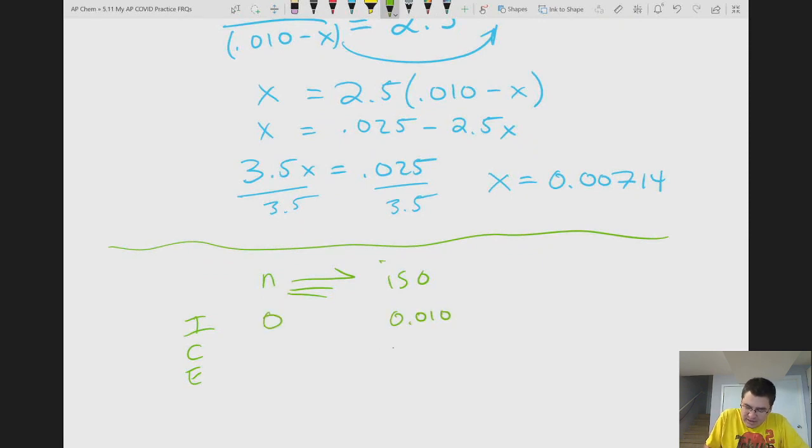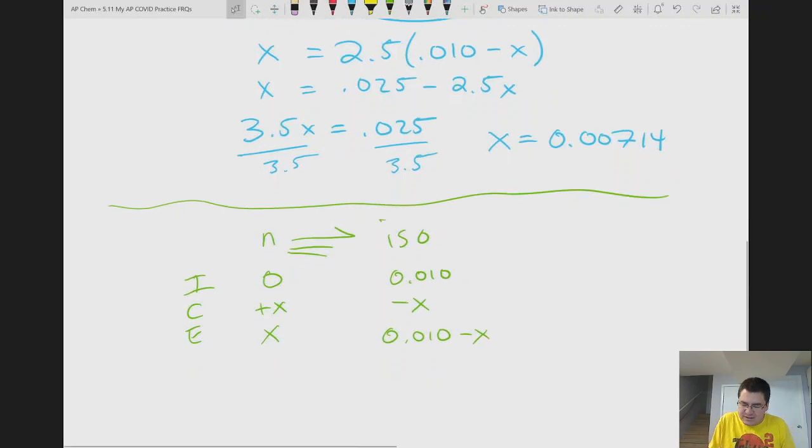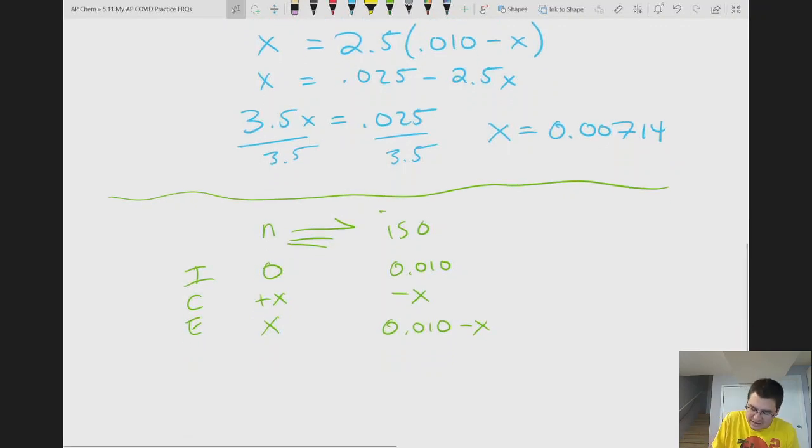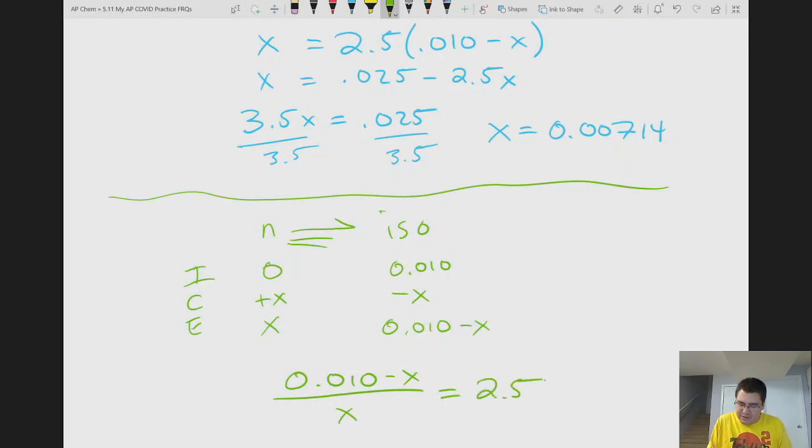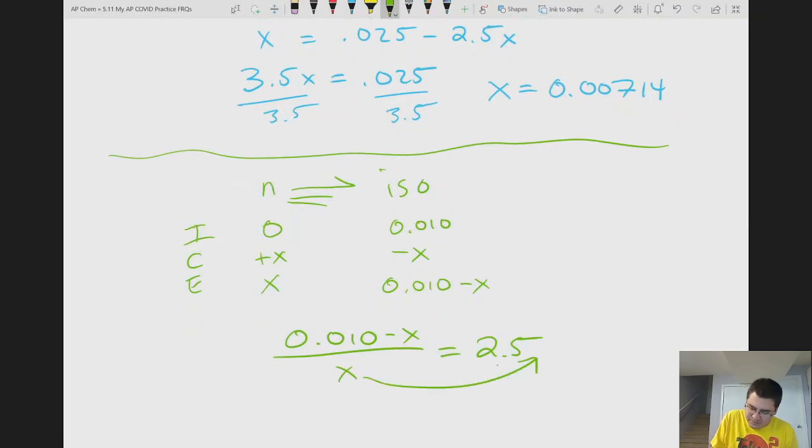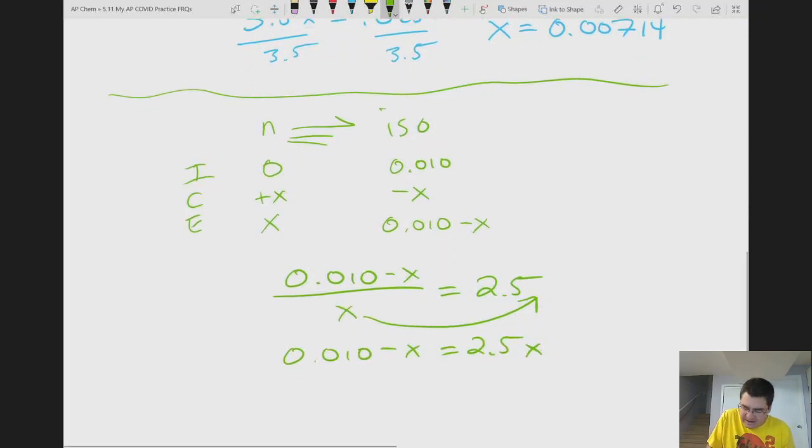0 minus x, gaining x, 0.010 minus x, and this time I do products over reactants, 0.010 minus x over x equals 2.5. So I multiply the x up. I add x.